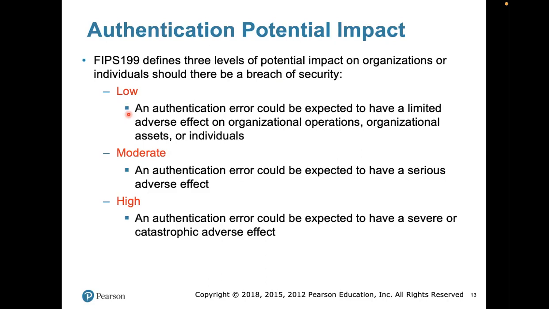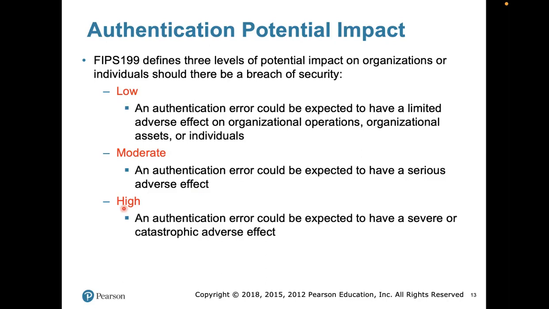Moderate means an authentication error could be expected to have a serious adverse effect on the system, which might mean financial impacts, or the system may shut down and some users may get serious negative impacts. And the highest level, high potential impact, says an authentication error could be expected to have a severe or catastrophic adverse effect.